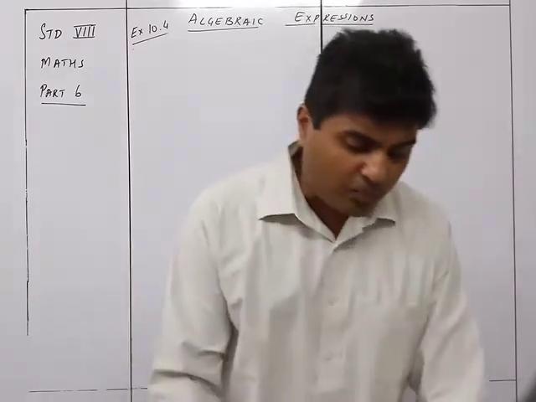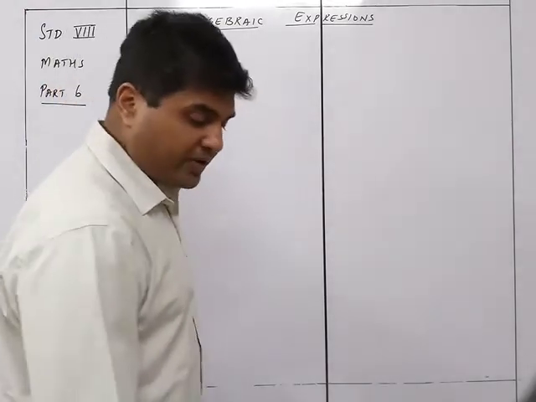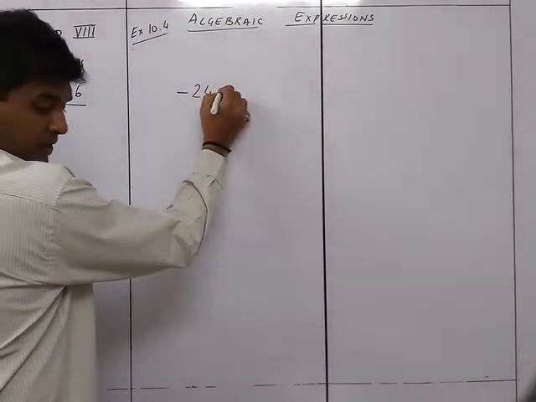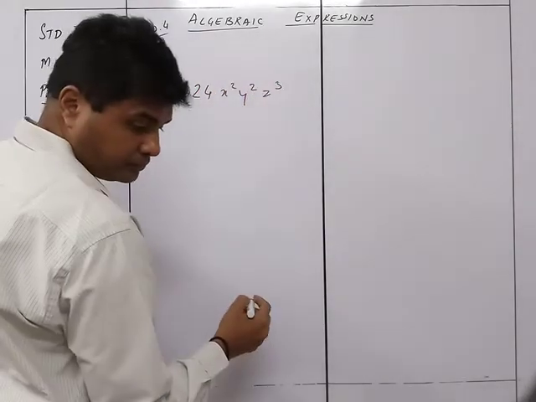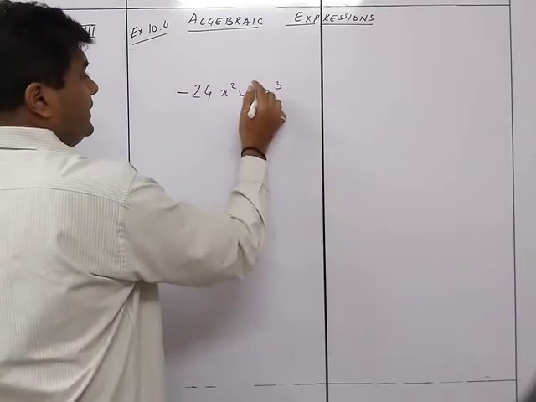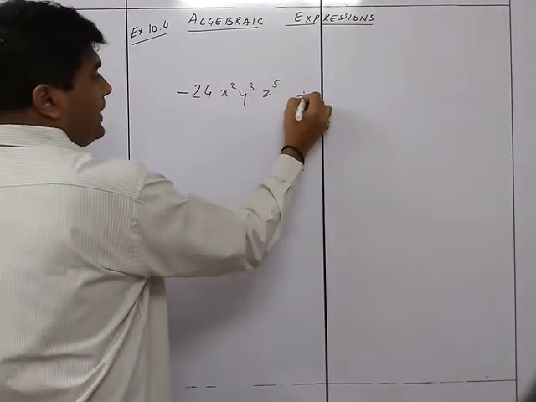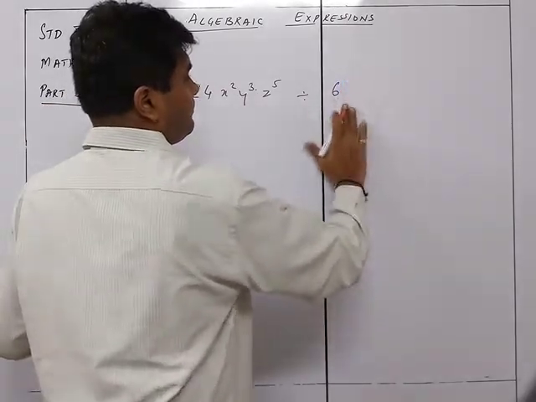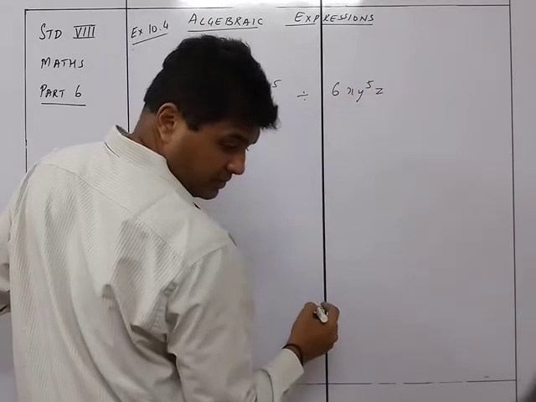So whenever it is a monomial divided by a monomial, for example, minus 24 x square y square z cube, or rather minus 24 x raised to 2 y raised to 3 z raised to 5, divided by 6x y raised to 5 z raised to 4.